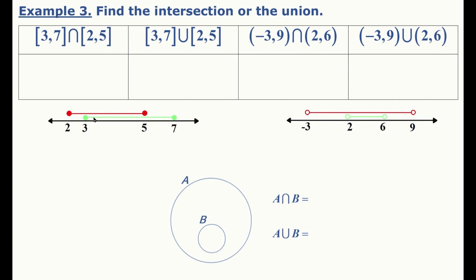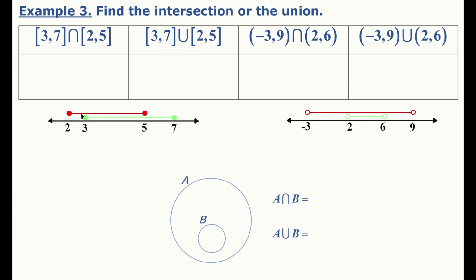And for the first part, we're looking for the points of intersection. So that means what they have in common. And as you can see, that would be the region from right here to right here, right? So from 3 to 5.